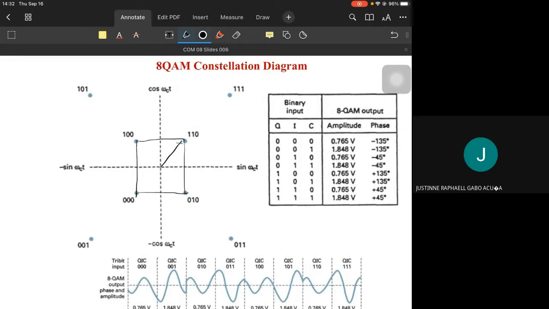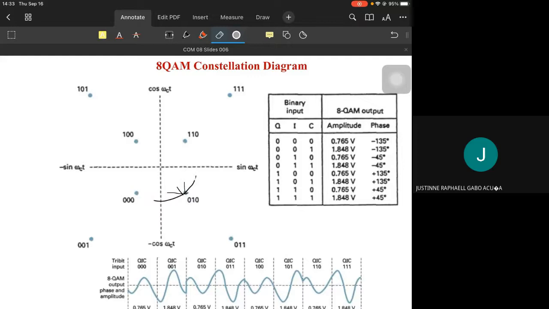Sige, sabay search ko Google. Kung kani nga distance is equal, the same with this distance and that distance, ang circle gyapon eh. Square inscribed in a circle ni. Ang circle gud siguro gyapon. I'm not sure lang, no?